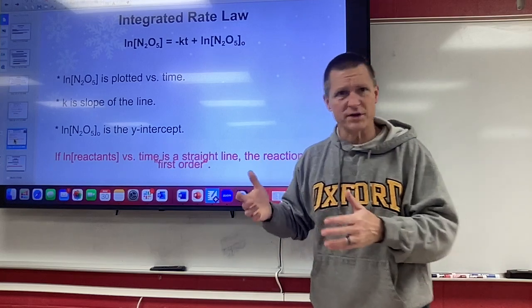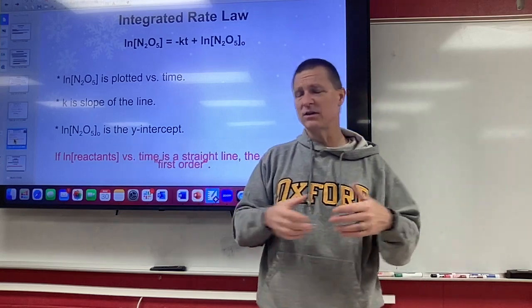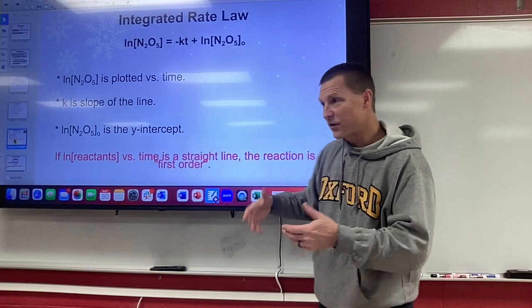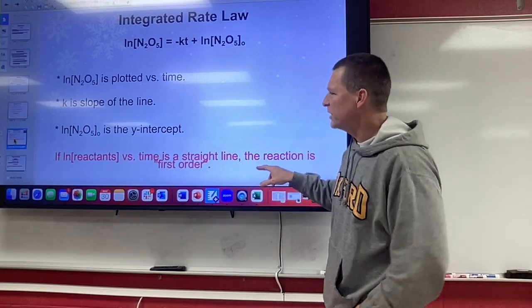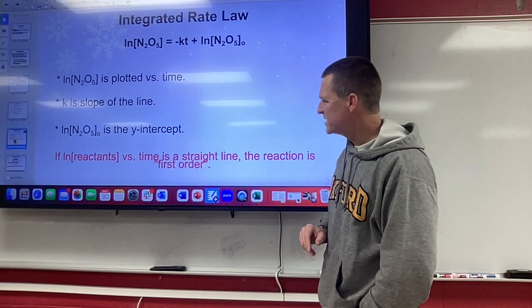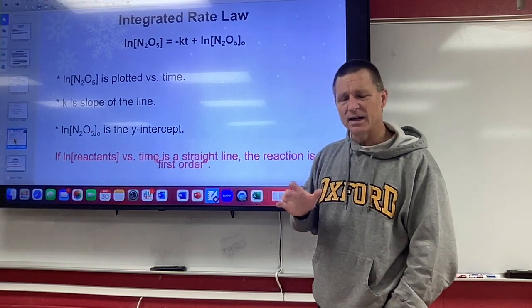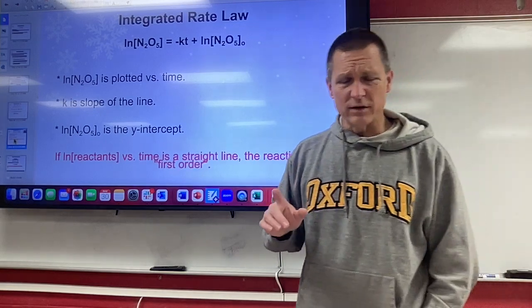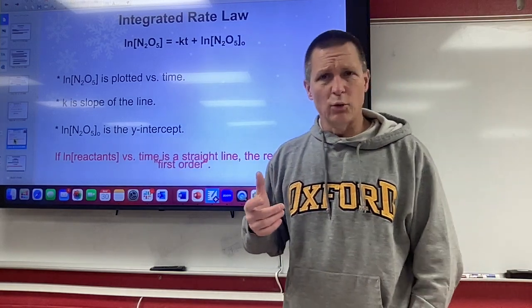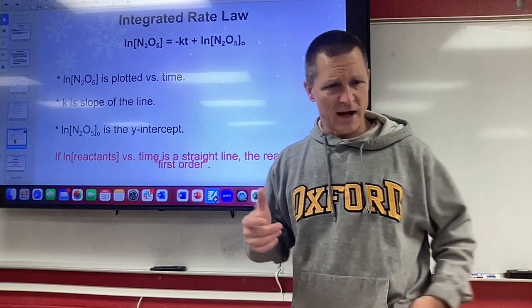Now there are other orders. You can have a zero order reactant, a second order reactant, a third order reactant. It's not common to have other orders, but natural log of the reactant versus time is a straight line if it's first order. Okay, now I'm not going to burden you with the order of the other reactants.